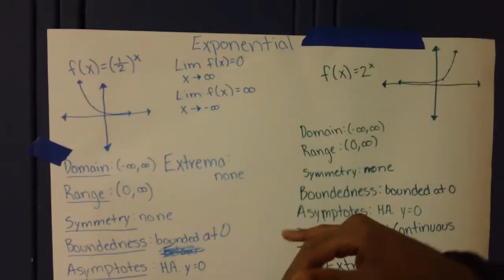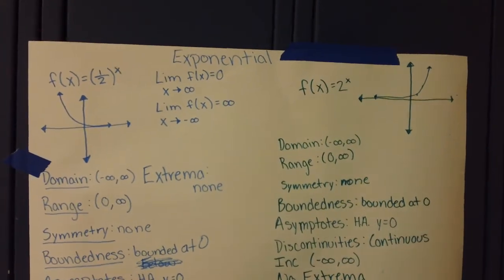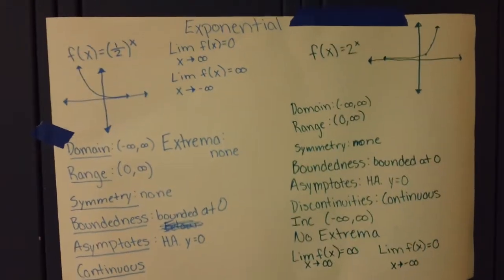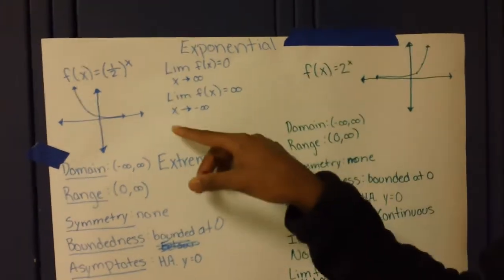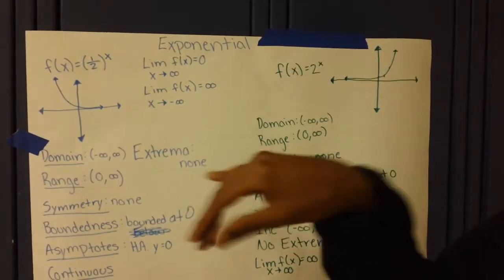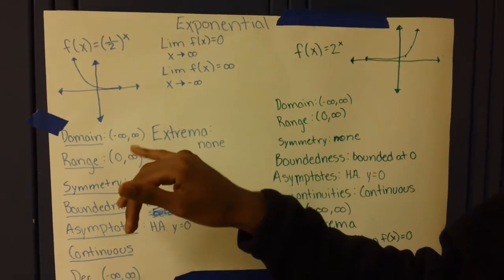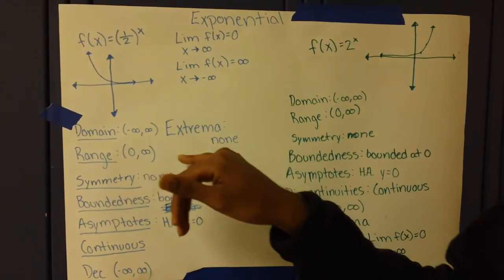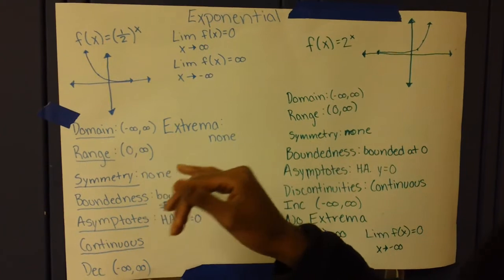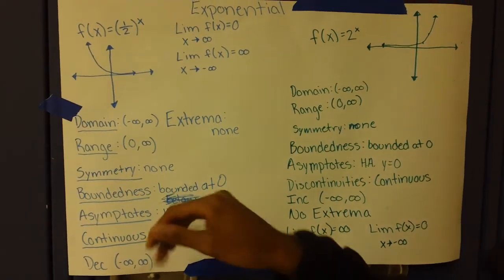The last one is an exponential function where the formula is f of x is b to the x power, and we chose for our first value of b to be 1/2, so that's the graph. The domain is negative infinity to infinity. The range is 0 to infinity. There's no extrema, no symmetry.